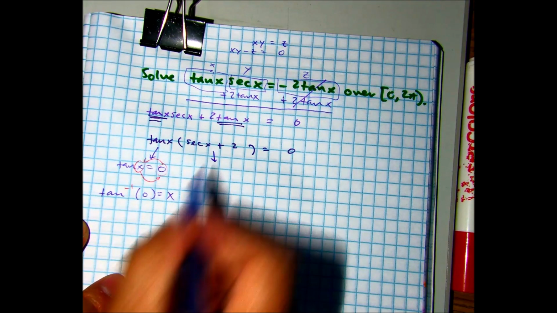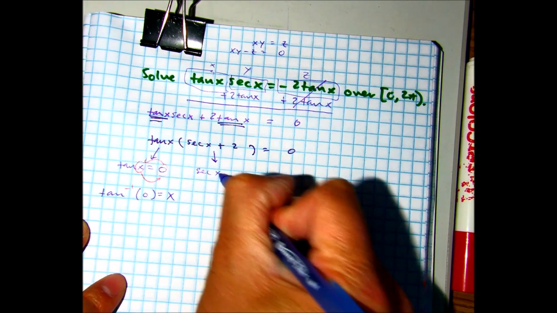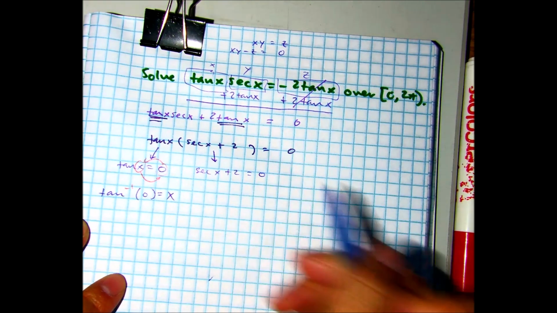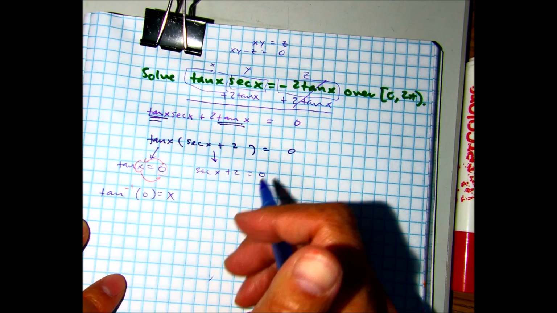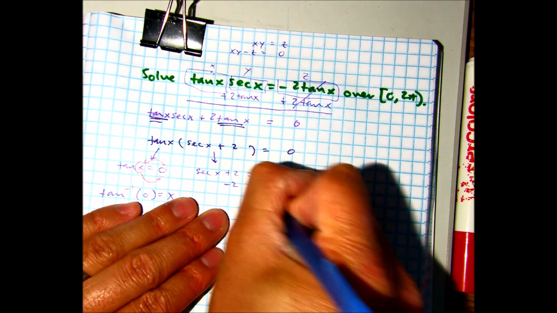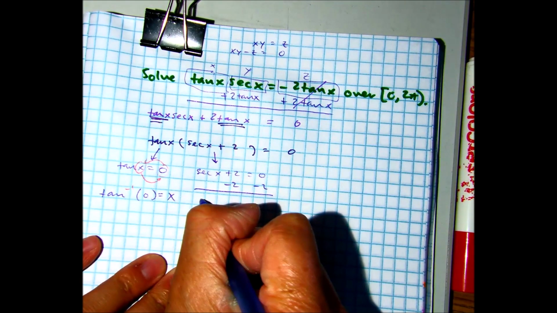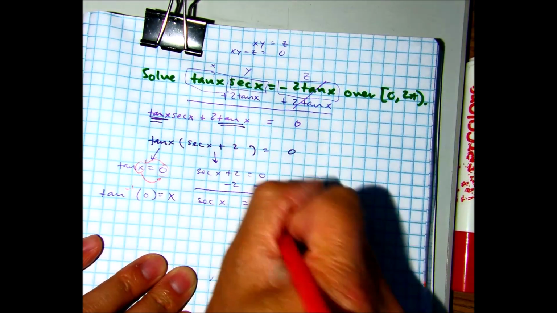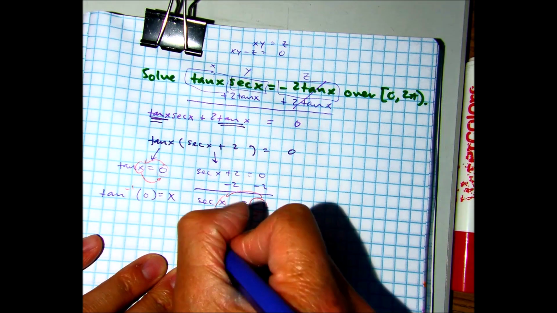Go ahead and do this side. Plus 2 equals 0. Secant x equals negative 2.